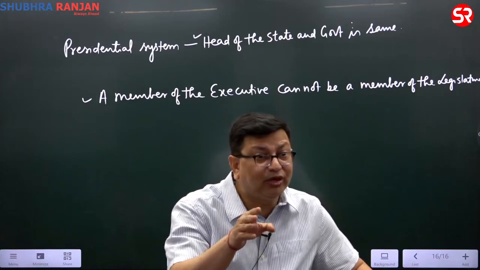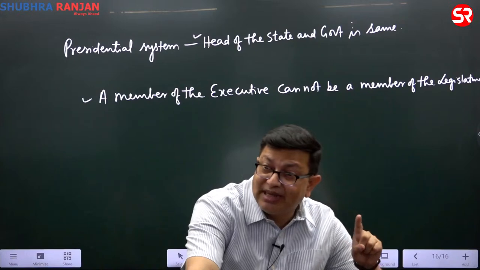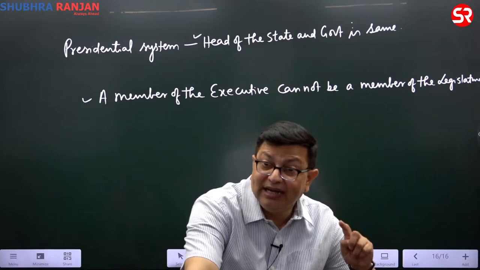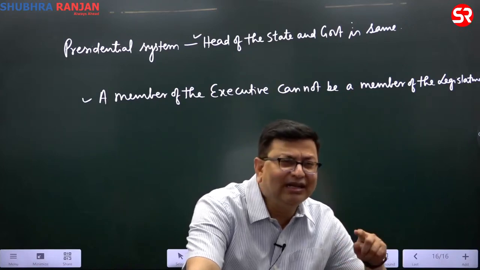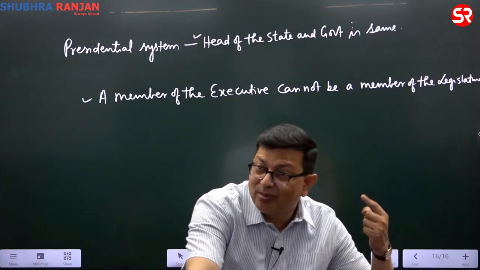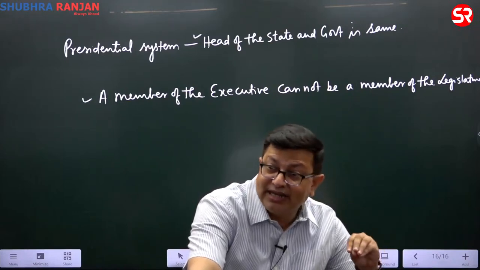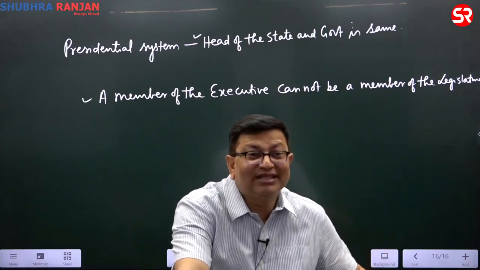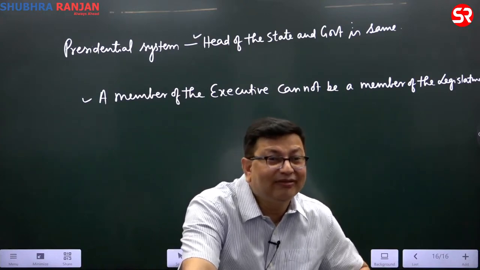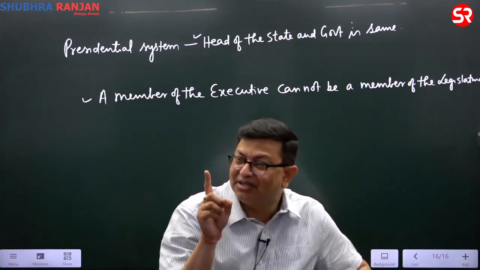When he became the President for the first term, he appointed Hillary Clinton. Hillary Clinton was the wife of Bill Clinton, who was also one of the American presidents. But when she was appointed the Secretary of State, she was a senator, a member of the Senate. She resigned from the Senate and then only she took oath as the Secretary of State.